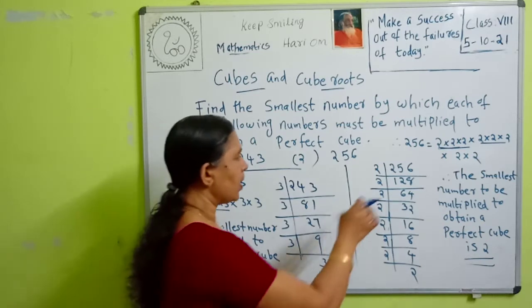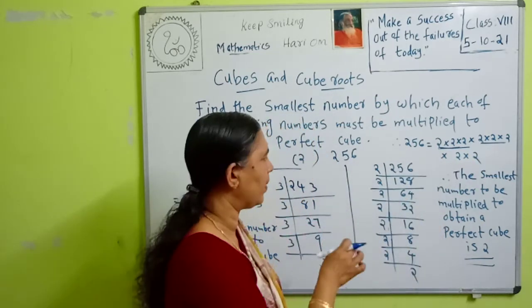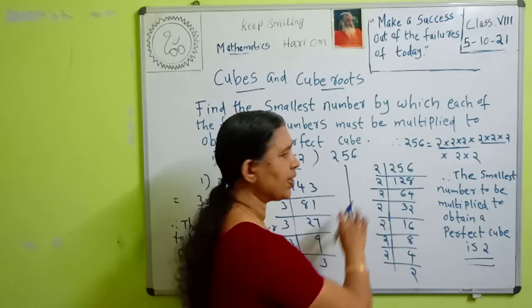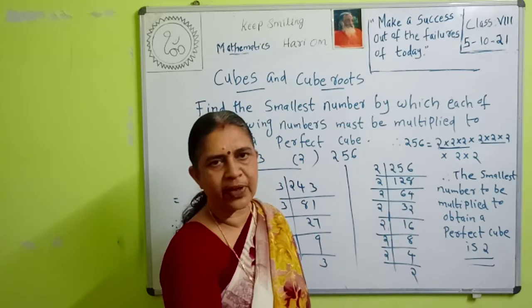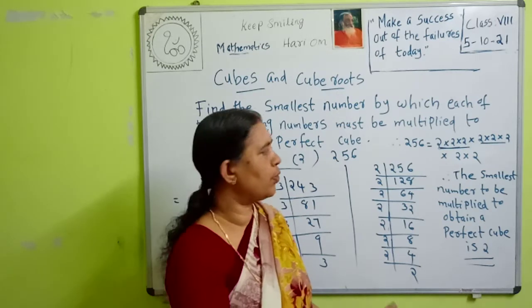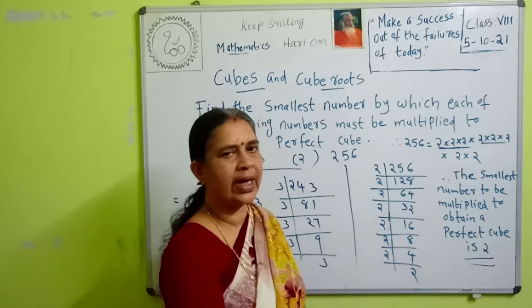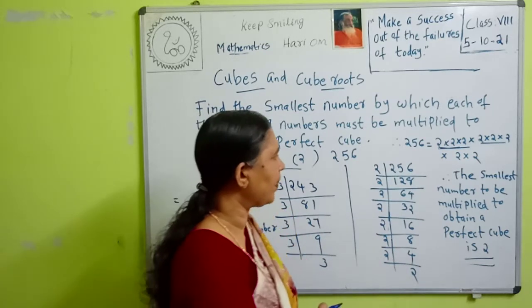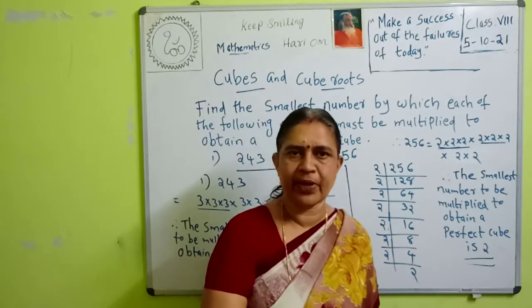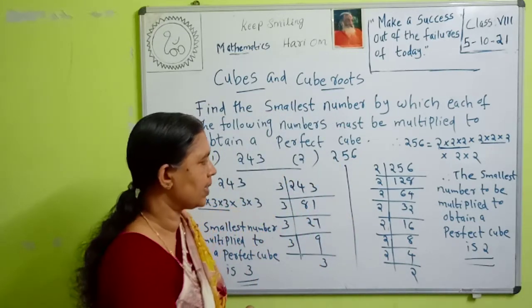Here also, in the last group we need one more 2. So if we multiply this 256 by 2, then we will get a perfect cube number. So to check whether a number is a perfect cube, first we do the prime factorization of the number. If we can write the numbers in triplets, then that number is a perfect cube. Otherwise it is not a perfect cube. You remember it, okay?